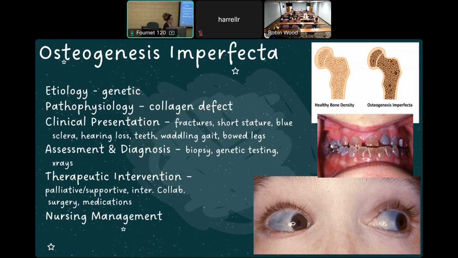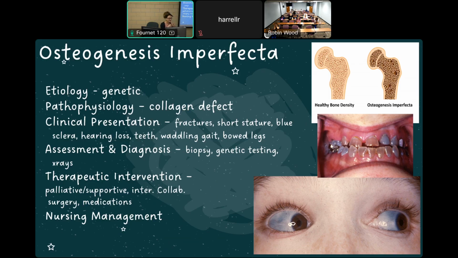And then their teeth can be kind of pearlescent, almost translucent. You can see that in that picture, because your teeth are going to have collagen in them. And then we can also see hearing loss, because don't forget you have those little 3 little bones.